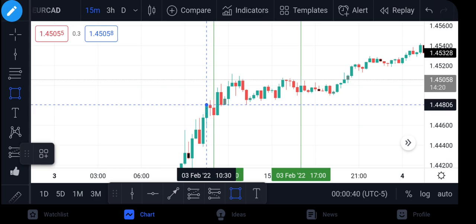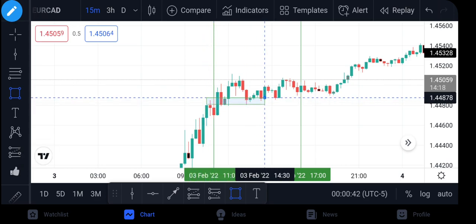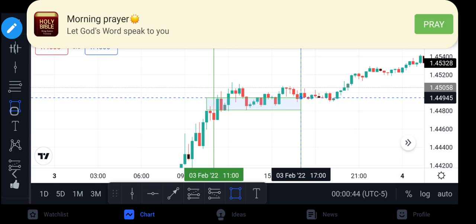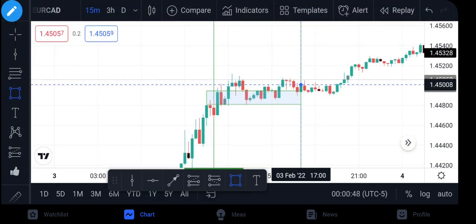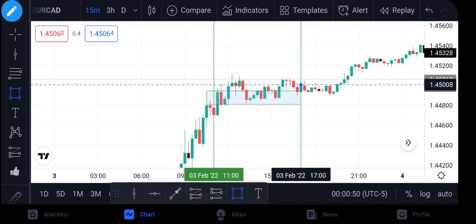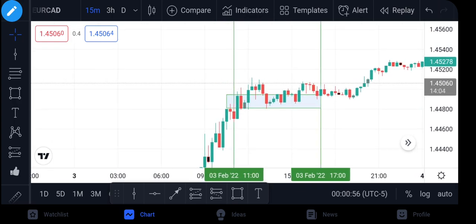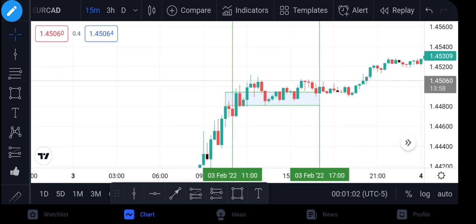I'm looking at this area here, to take buys.